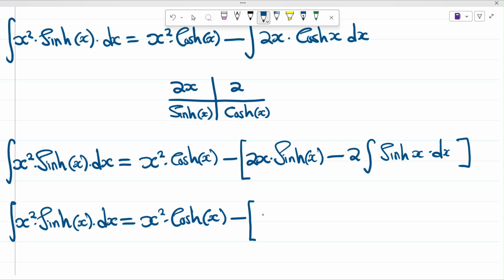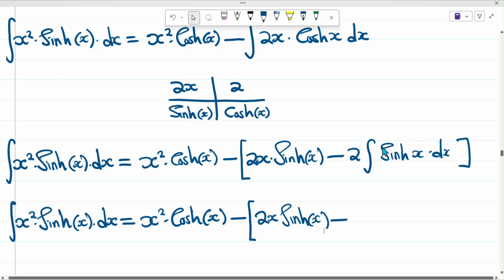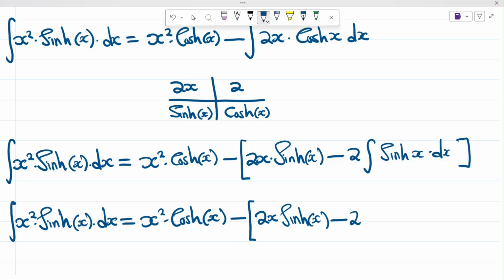So this is going to be negative 2x hyperbolic sine of x, and then minus, now I integrate this one. So minus 2, when you integrate hyperbolic sine of x, it remains as hyperbolic cos of x. And then you close, and then we say plus c.